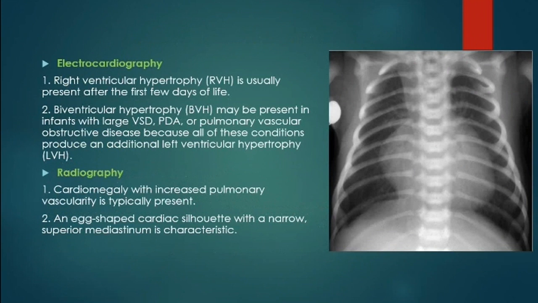ECG shows right ventricular hypertrophy since early days of life. Biventricular hypertrophy may develop in patients with large VSD or PDA. Chest X-ray will reveal cardiomegaly with increased pulmonary blood flow with the characteristic shape of the egg-shaped heart.